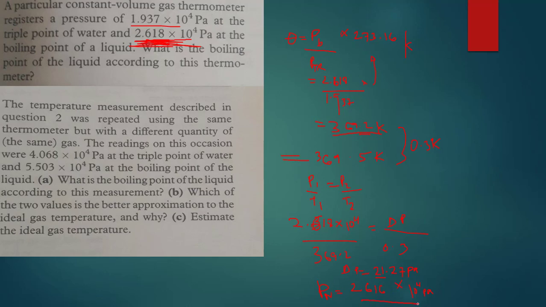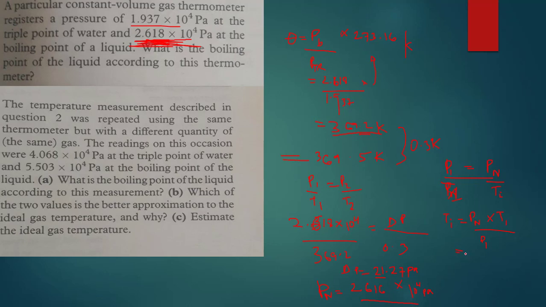So we will then use this to estimate the ideal gas temperature. Again we will use P1 divided by temperature 1 is equal to P new, or ideal, divided by the ideal temperature which we are estimating. So we know the ideal temperature is equal to P new times temperature 1 divided by P1.